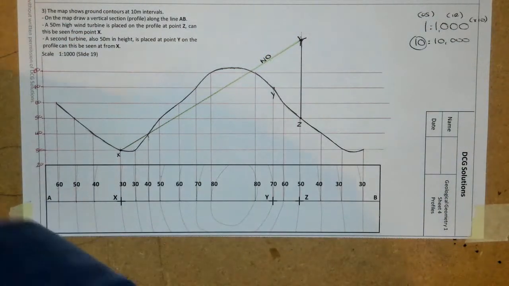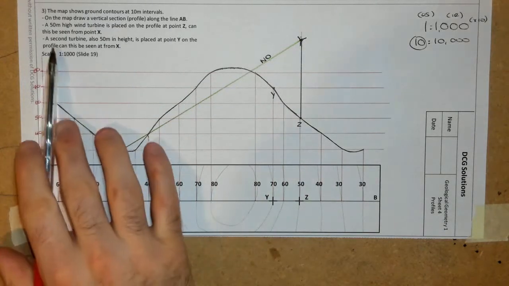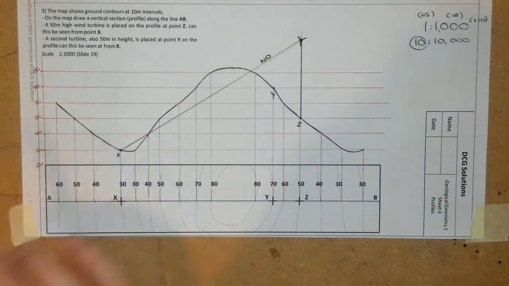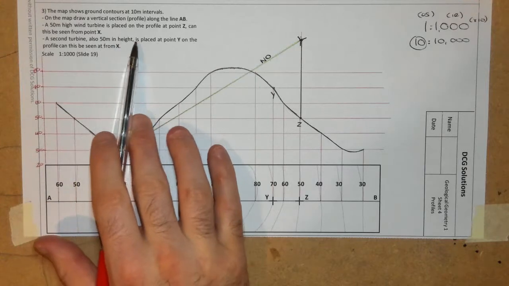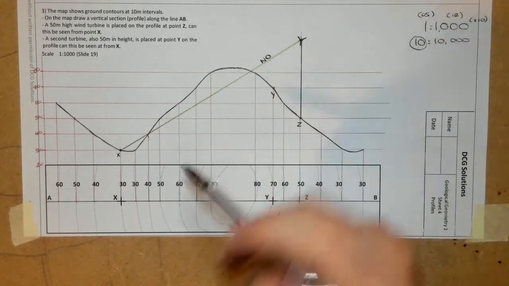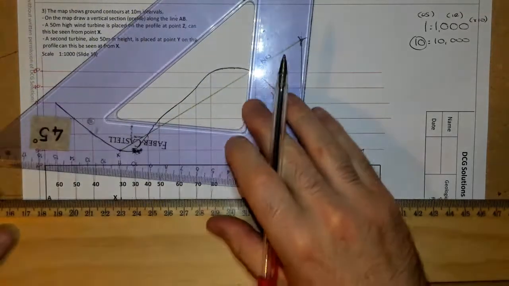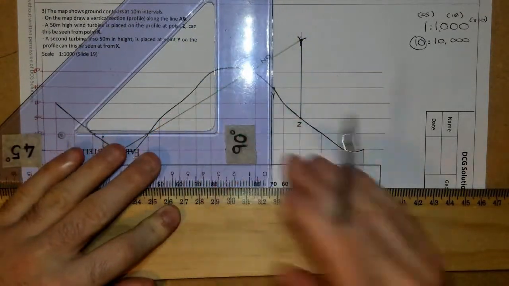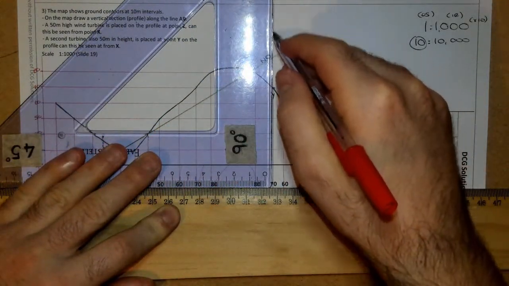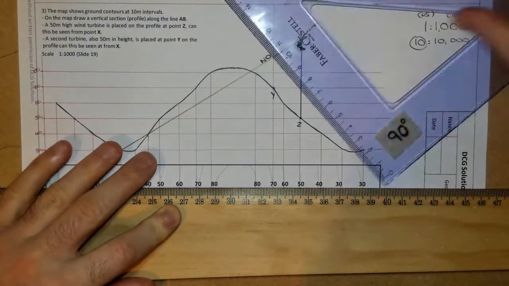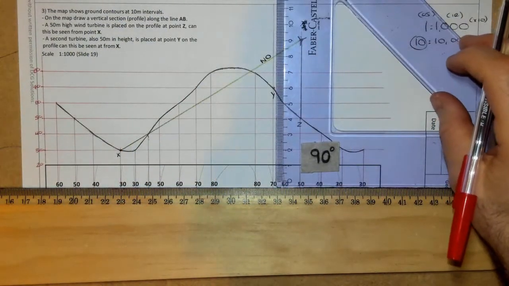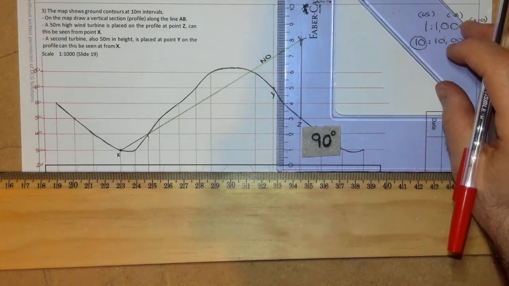Okay, and what we have to do now is it's saying a second turbine, also 50 meters in height, is placed at Y. So different position here. So we can see it's a bit higher in the mountain, so I'm hoping that this one should be able to be seen. So once again, drawing a vertical line, and from Y going to measure up a distance of 50.